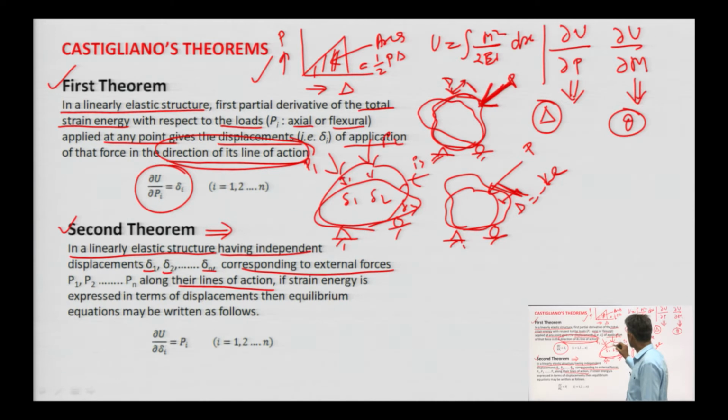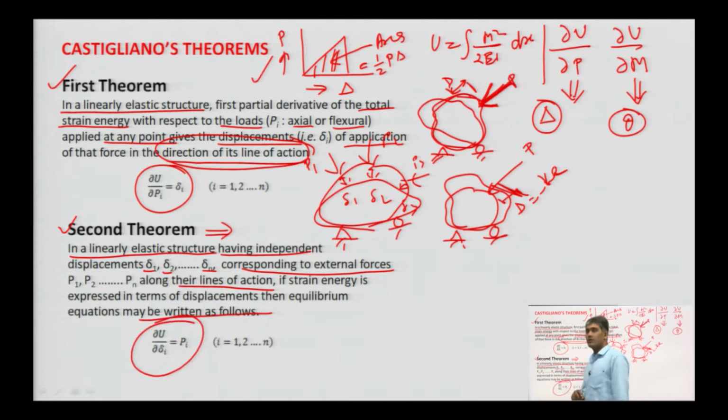If the strain energy is expressed in terms of displacement, then the equilibrium equations may be written as: the partial derivative of strain energy with respect to displacement is equal to the value of the force.